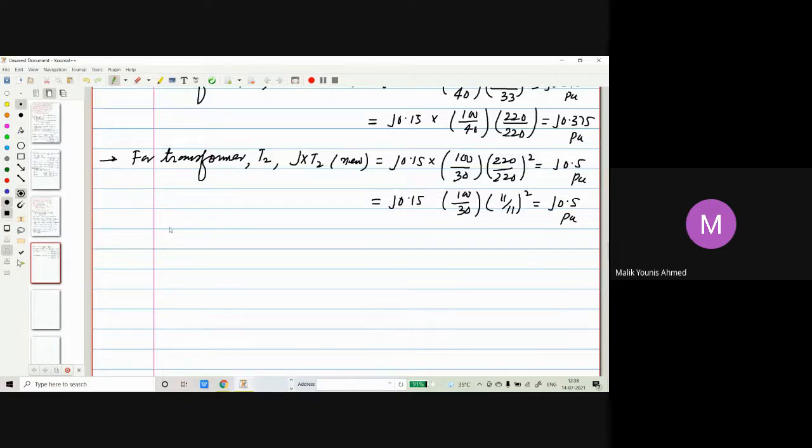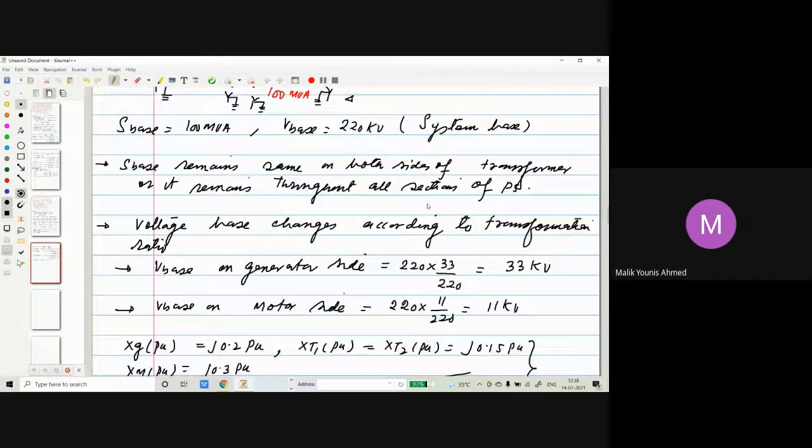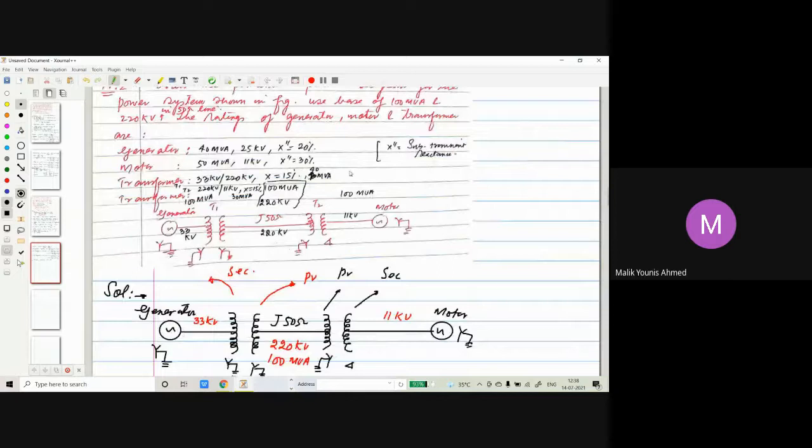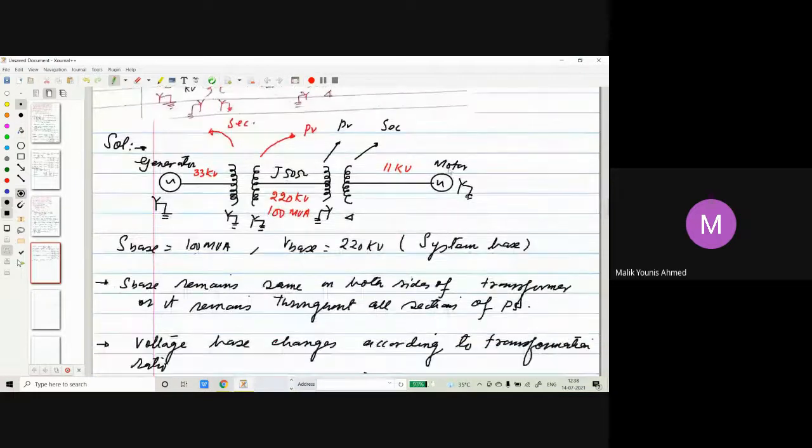Next is the motor, and last we'll find the transmission line. For the motor, JXM new: we have 30% old reactance multiplied by 100 divided by the S base rating of the motor, which is 50 MVA.